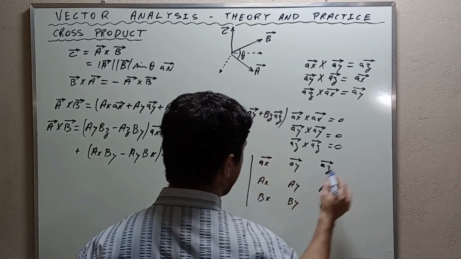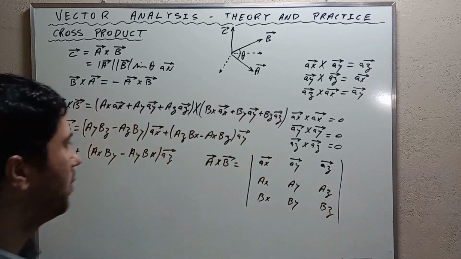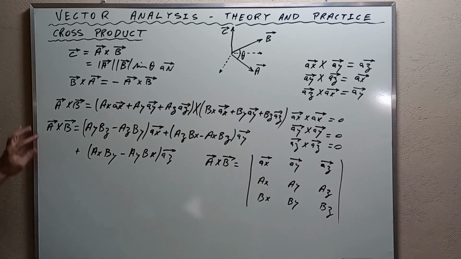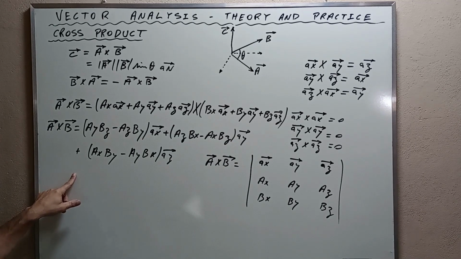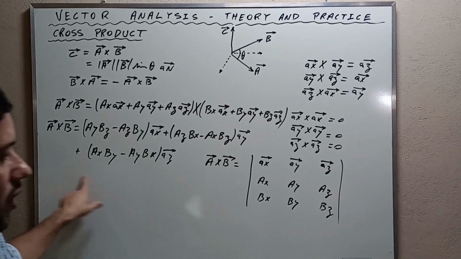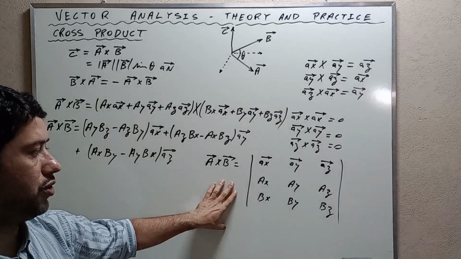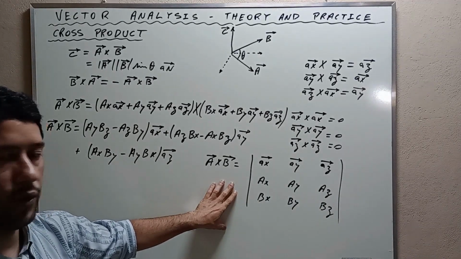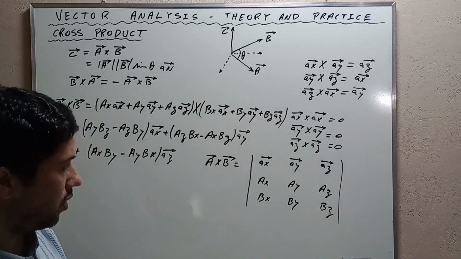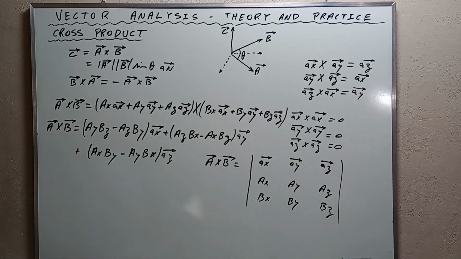Okay? We can memorize this determinant instead of memorizing the formula in this way. There is an easier way of memorizing this, and we use this determinant to memorize the way we calculate the cross product.